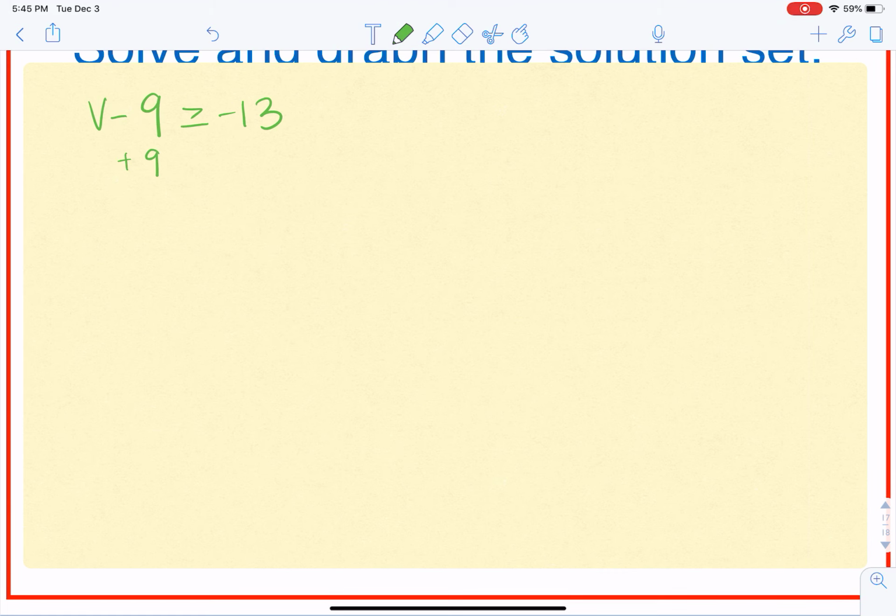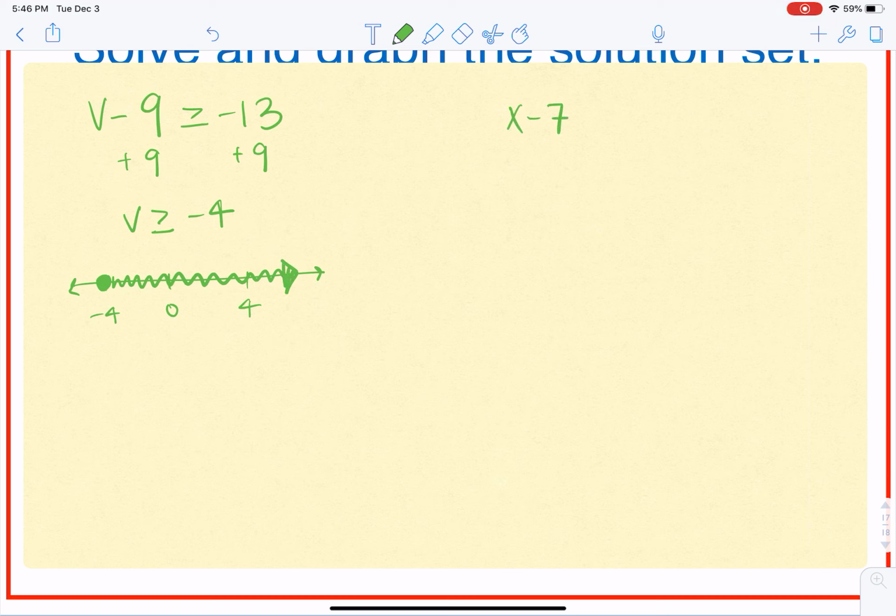So I can add 9 to both sides, and I get that v is greater than or equal to negative 4. You have your own number line, but I'll make my own little number line right here. Here is negative 4. Values that are greater than or equal to negative 4 will be all of these values in this direction over here.